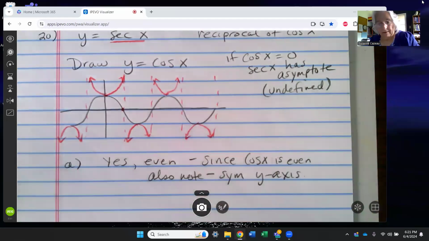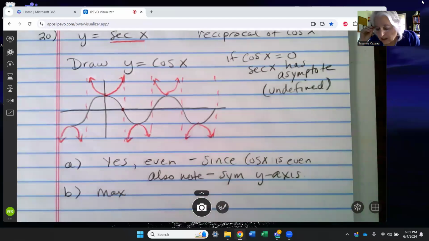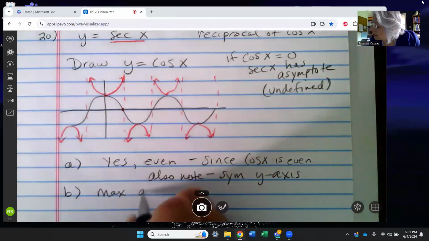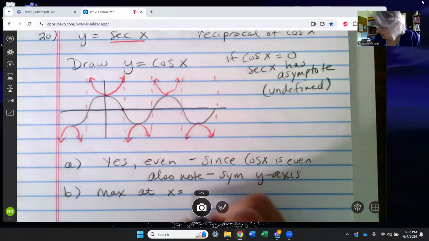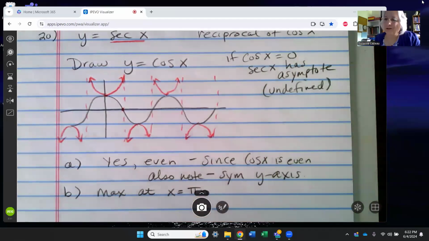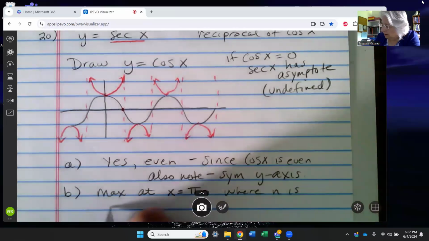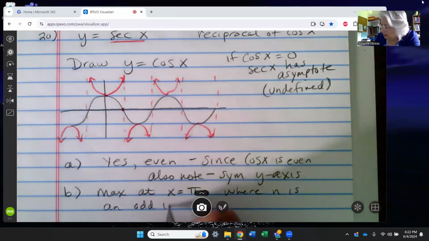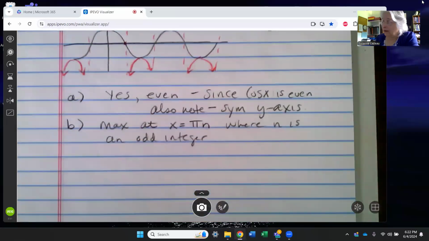Okay. Does the function obtain a max at x equals pi n? It could also say n pi, where n is an odd integer. So you're going to have to look at the graph for that.